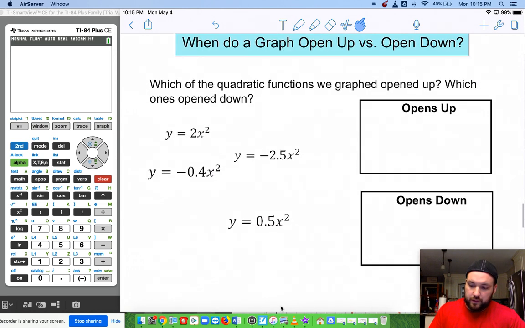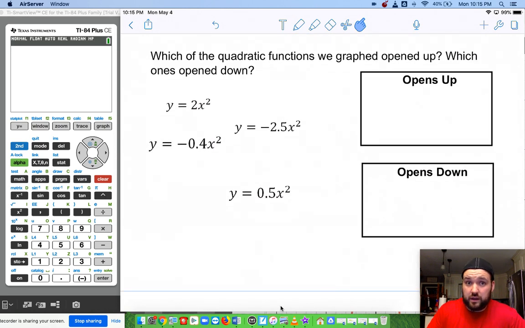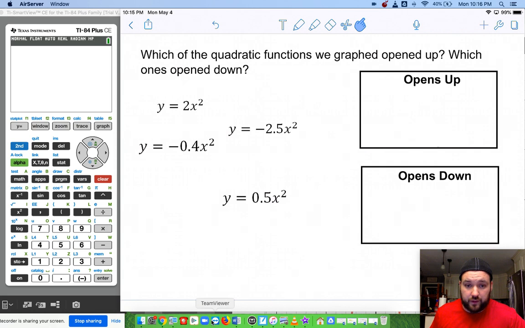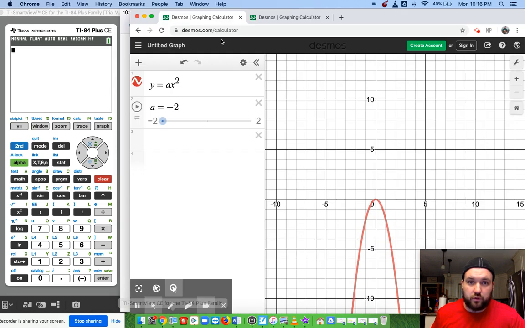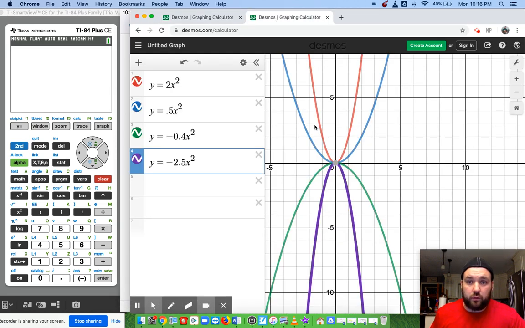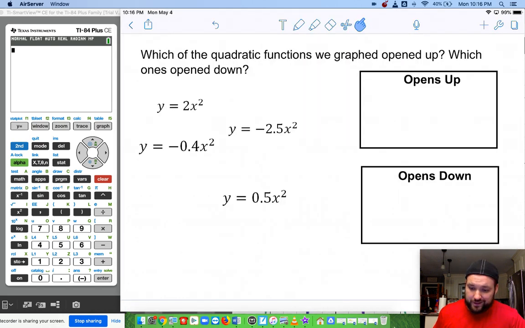Okay, and then from what we just saw, it's fair to assume, and if I go back here, we don't have to assume anything, we can see which graphs opened up. Well, the ones that opened up are red and blue, which are 2x squared and 0.5x squared, and the ones that opened down are the negative 0.4 and the negative 2.5. So if I go back here, which ones are opening up?